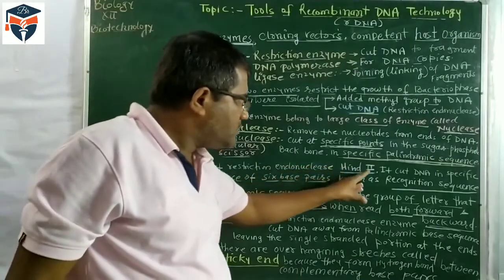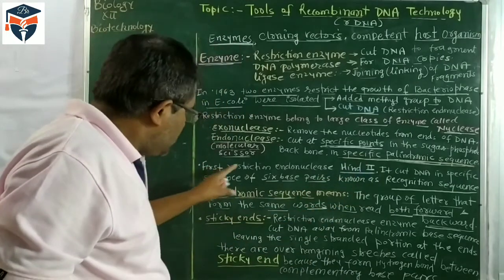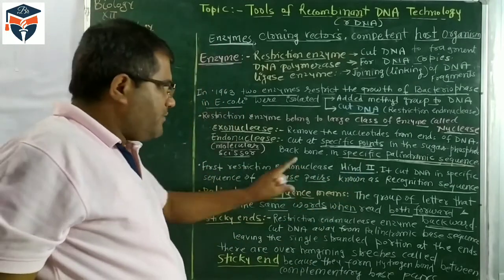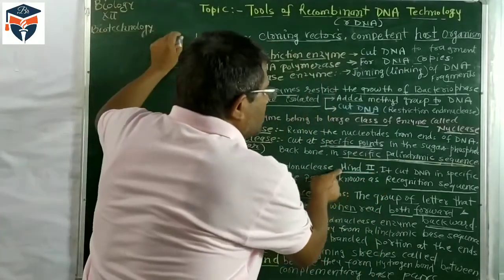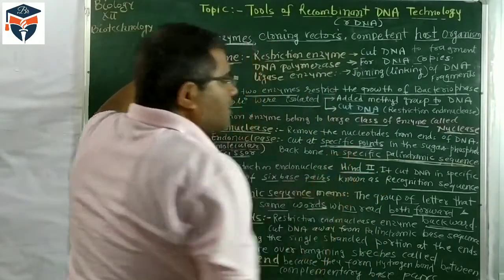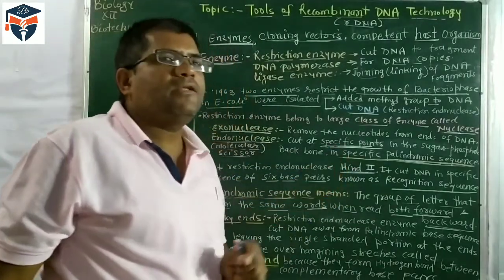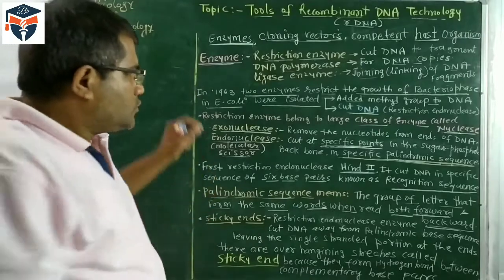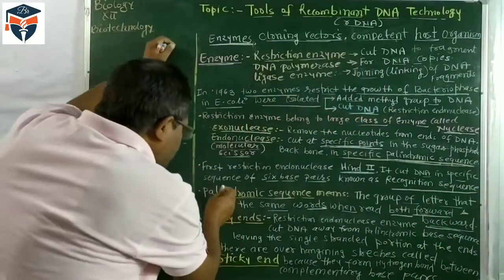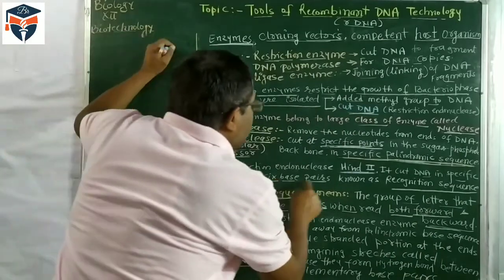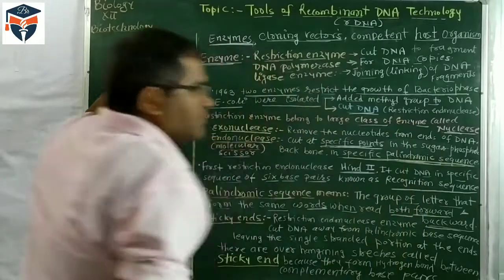The first restriction endonuclease is the enzyme HindII, H-I-N-D, Hind II. The first letter indicates the genus, the second and third letters indicate the species. So HindII cuts the DNA in a specific sequence of 6 base pairs known as the recognition sequence.